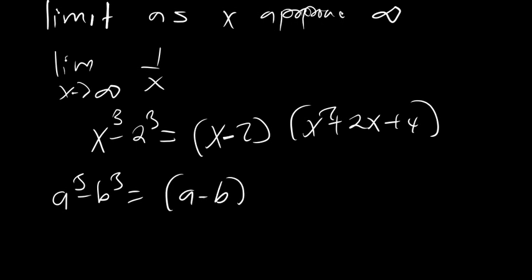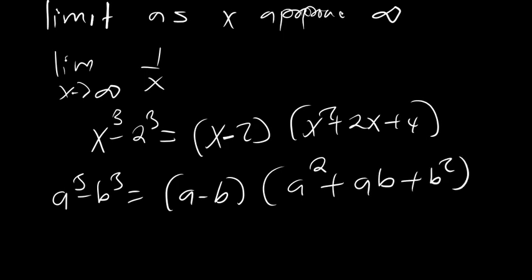I think the formula you are talking about is a to the power 3 minus b to the power 3 is equal to open brackets a minus b close brackets, open brackets a to the power 2 plus ab plus b squared close brackets. So we are using this formula, my friend.